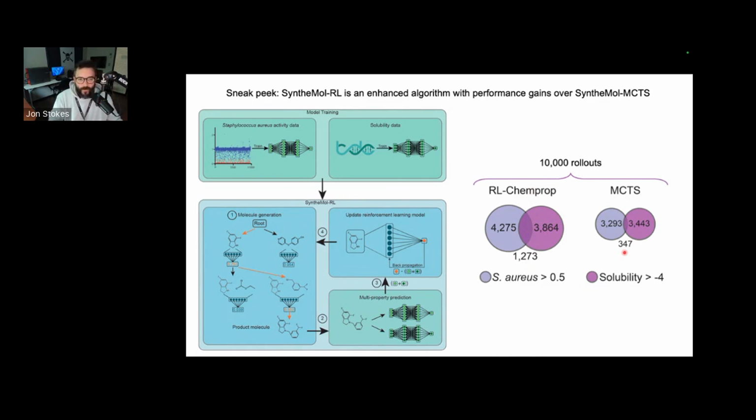We're currently in the process of testing our deep reinforcement learning model outputs in the laboratory to validate their in vitro efficacy. We already have a couple molecules that work in vitro, and we are progressing those to in vivo studies as we speak.